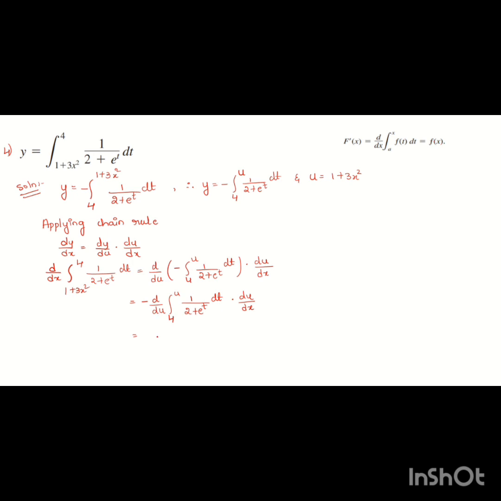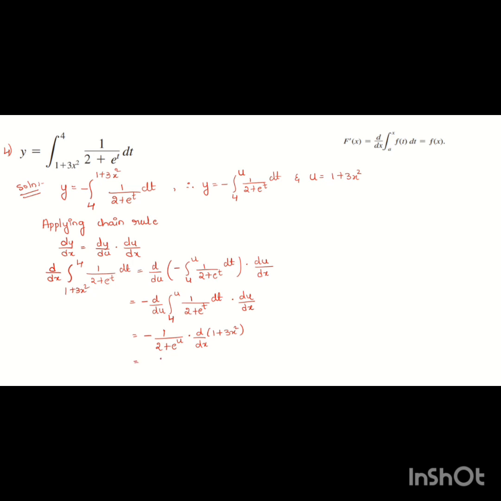If you have d/du, you'll get the answer, keeping this minus sign, 1 over 2 plus e power u multiplied by d/dx of u. So what is d/dx of u? What's the value of u? We have the value of u as 1 plus 3x square.